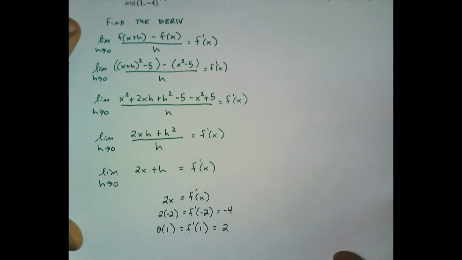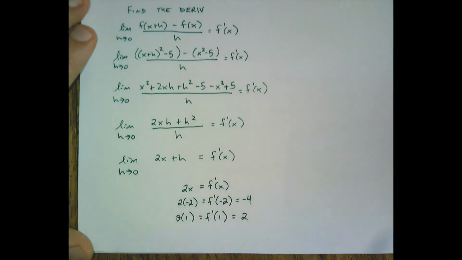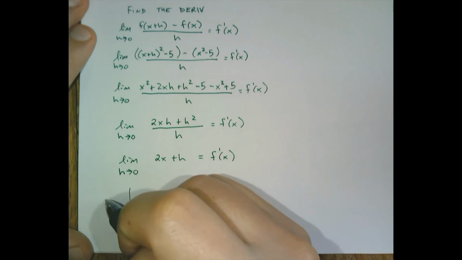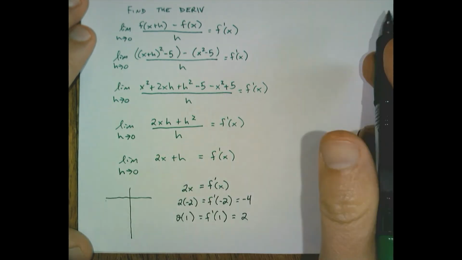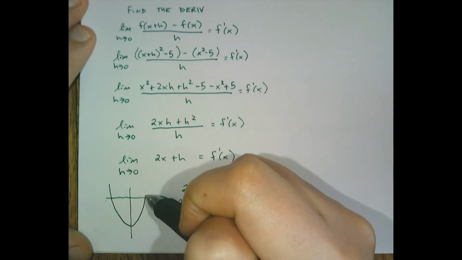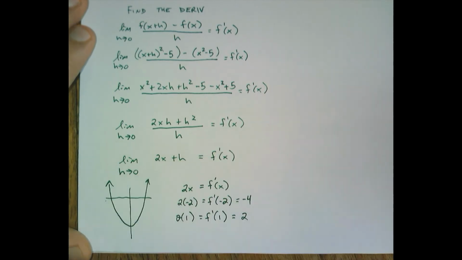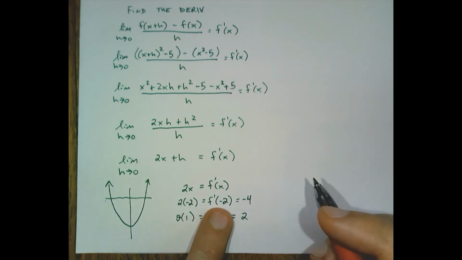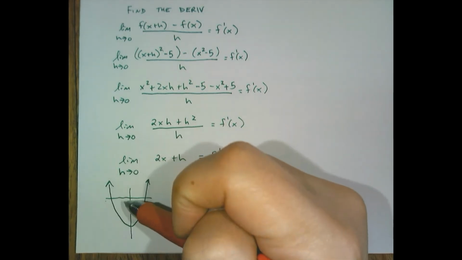Okay? I'm going to sketch a graph over here so that you can kind of picture what's going on. We have x squared minus 5, which is a parabola that is shifted down 5 units. And the first thing that we asked is, what is the slope at -2?